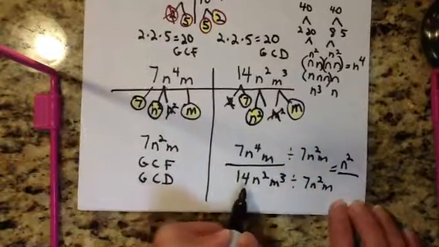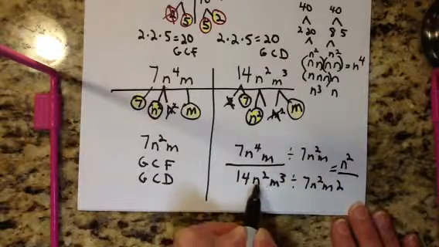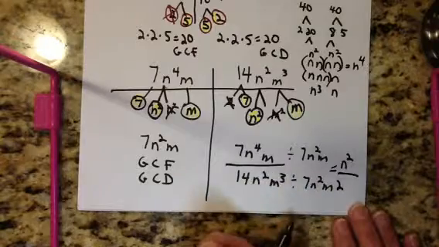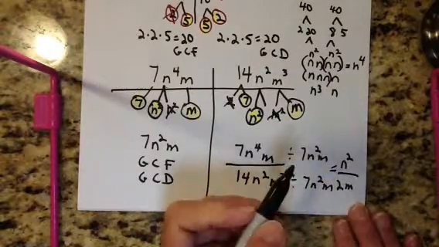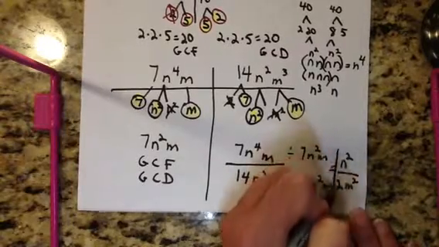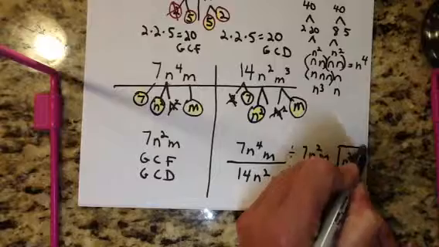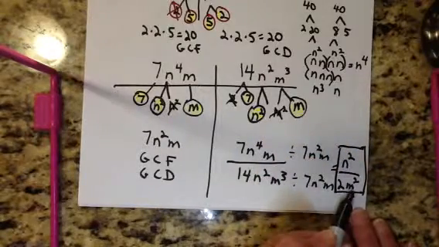And then 14 divided by 7 would be 2, and n squared divided by n squared would be 1. M cubed divided by m would leave m squared. So my final reduced answer would be n squared divided by 2m squared.